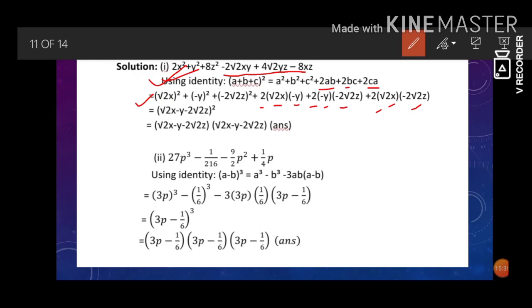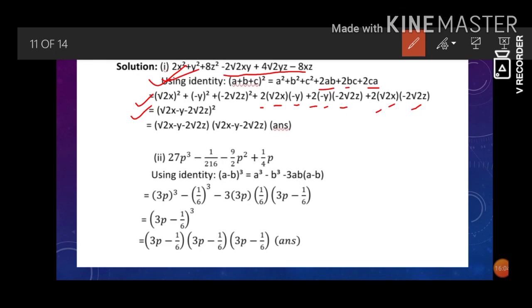So these six terms can be written as root 2 x minus y minus 2 root 2 z whole square using the identity, and hence we can write it as the multiplication of two same brackets, that is root 2 x minus y minus 2 root 2 z. So this is our first factorization.